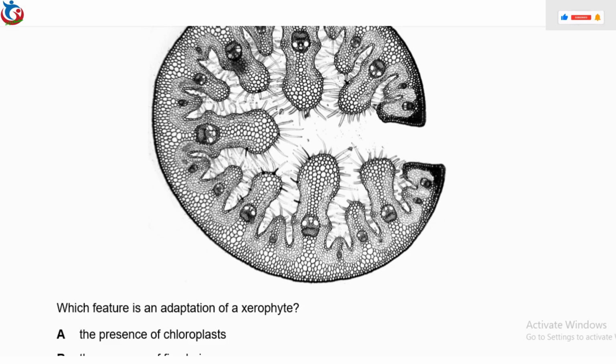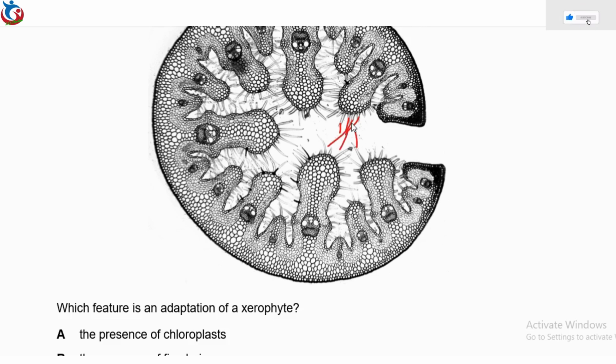Looking at the pictogram, there is a special feature here in the leaf, such as these tiny spines. You look at the presence of all these tiny spines.